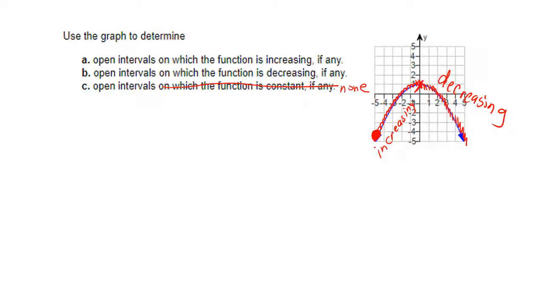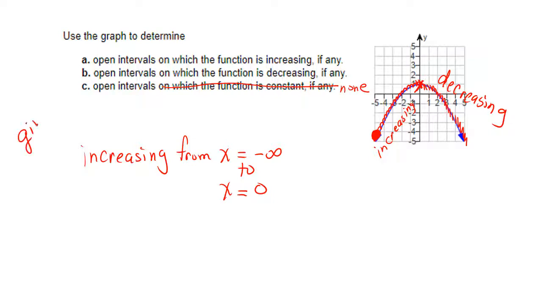There's one increasing interval, and we say that we are increasing from x equals negative infinity to x equals 0. You always give the intervals in terms of the x value, not the y value, which is the height.